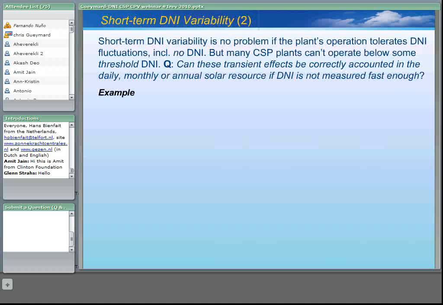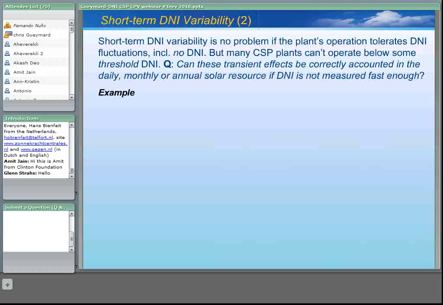The short-term DNI variability is no problem if the plant's operation tolerates DNI fluctuations, including having no DNI at all and then DNI coming back, which would be the effect we just saw in the previous slide. But there are CSP plants that cannot operate below some threshold DNI because it's not interesting.